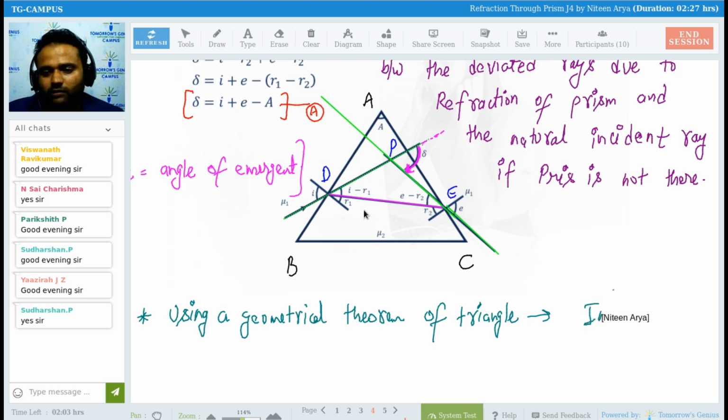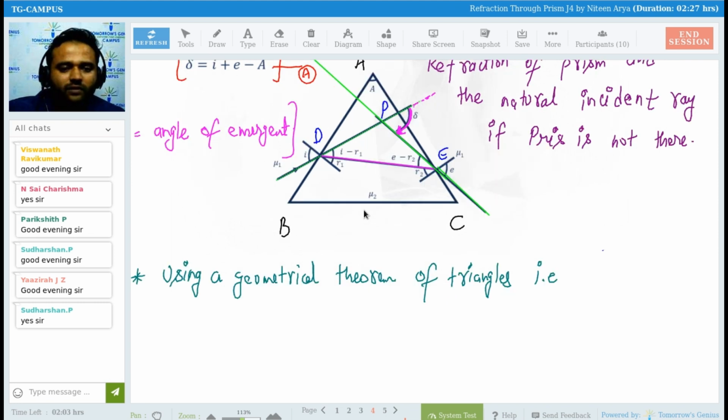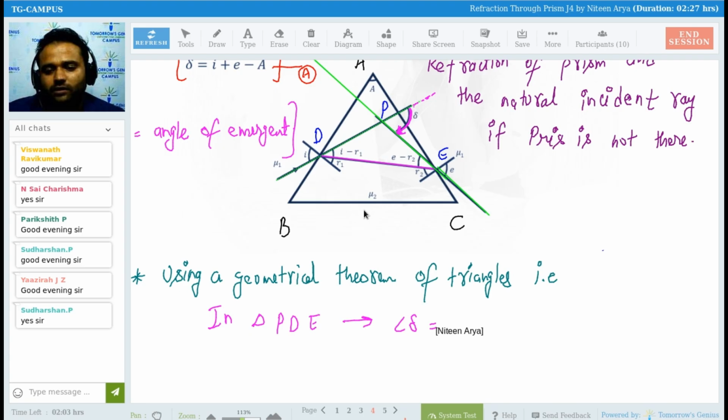That is, in triangle PDE, the angle of deviation is equal to angle I minus R1 plus angle E minus R2.